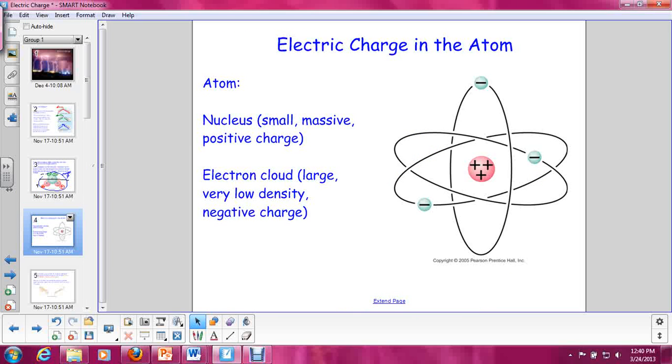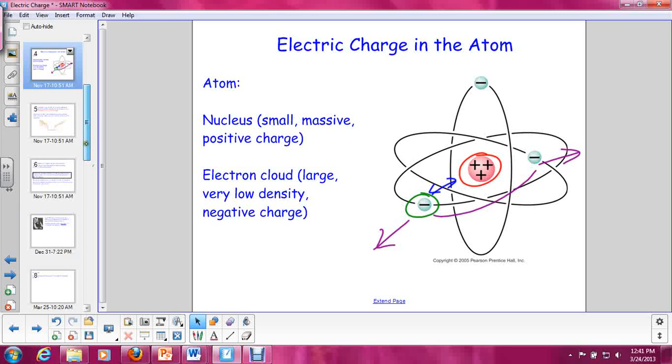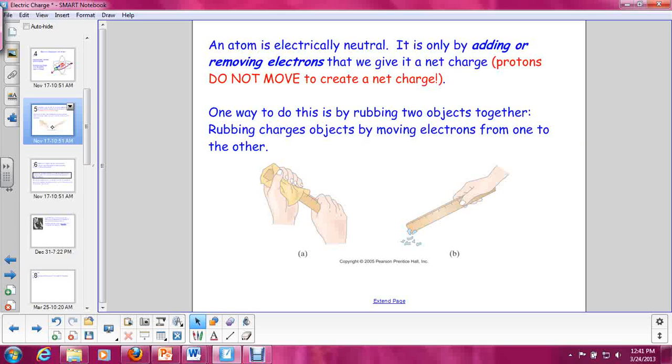So electric charge in the atom. I already mentioned this. The nucleus has protons in it, so it is positively charged. And electrons are negatively charged. These two things attract each other, and these two things will repel each other because they have like charges. So overall, an atom is electrically neutral.